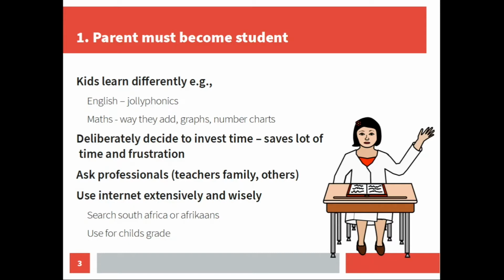So try to use international resources, but if you can get our African resources, it will be great, and you can use that as a basis on which you then load other things. And search appropriately for the child's grade, because you get various types of easy words for grade 1, grade 3, maths for grade 1, grade 2, etc. So get something appropriate for your child's grade.